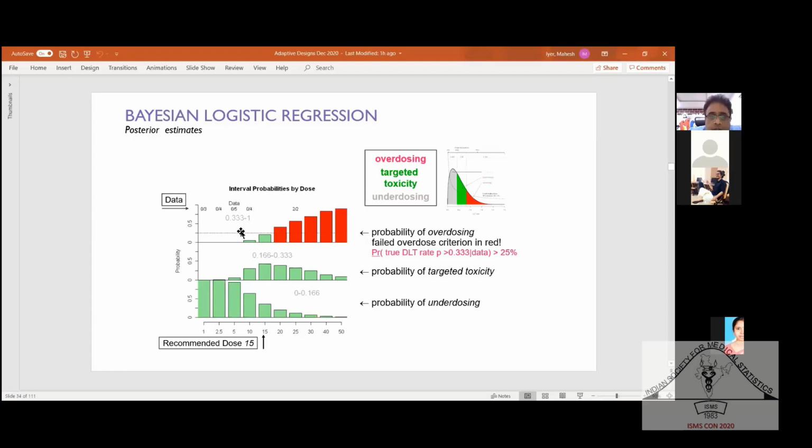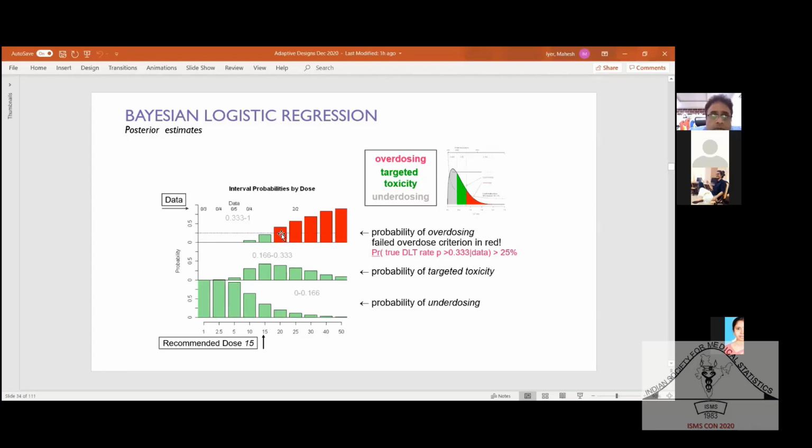This top graph is the probability of overdosing. This is the data we have right now. We want to make sure that the probability of overdosing is not greater than 25%.